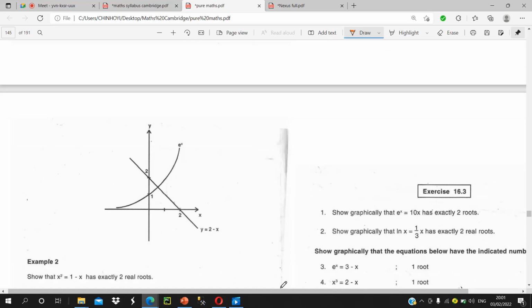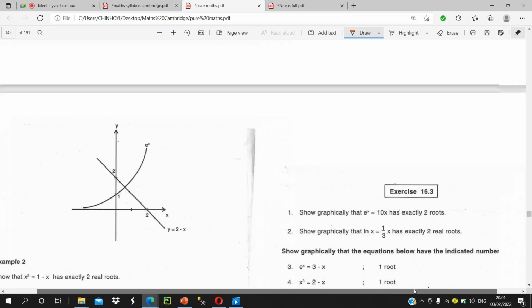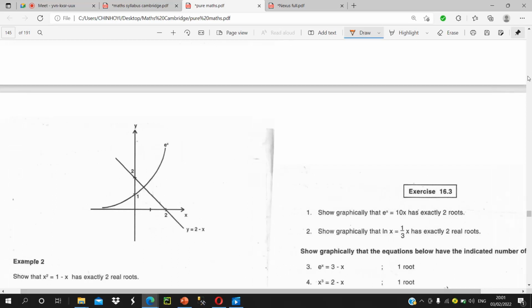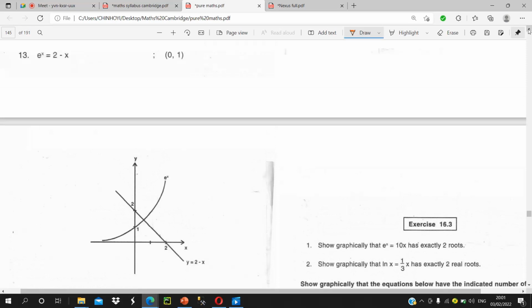Yes. Let's start with a simple example from the graphs that we were sketching. Can you write this example?